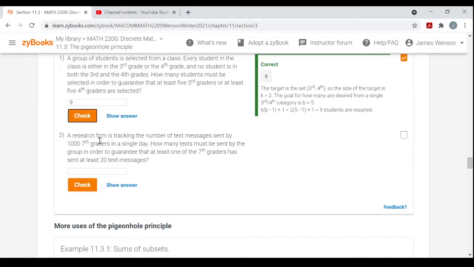Here, a research firm is tracking the number of text messages sent by 1,000 7th graders in a single day. How many texts must be sent by the group in order to guarantee that at least one of the 7th graders has sent at least 20 text messages? All right.